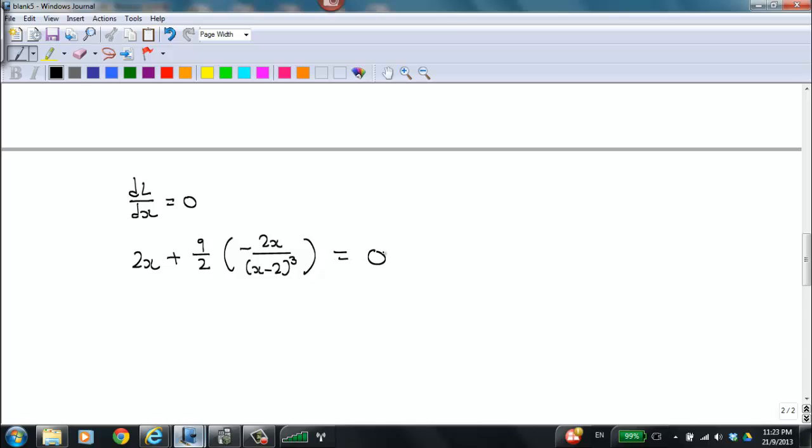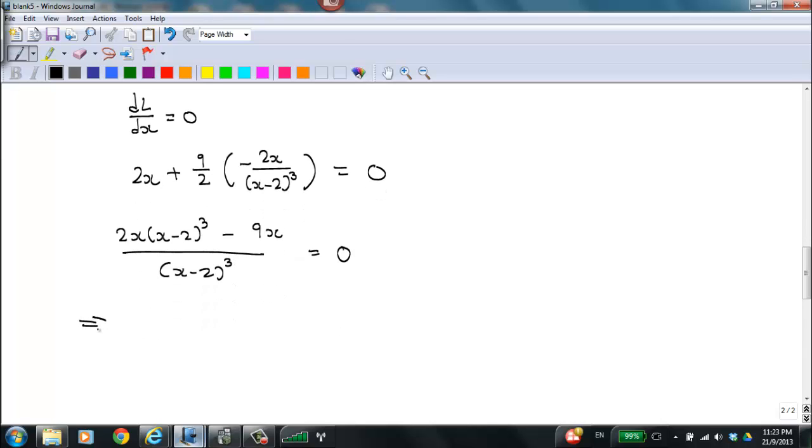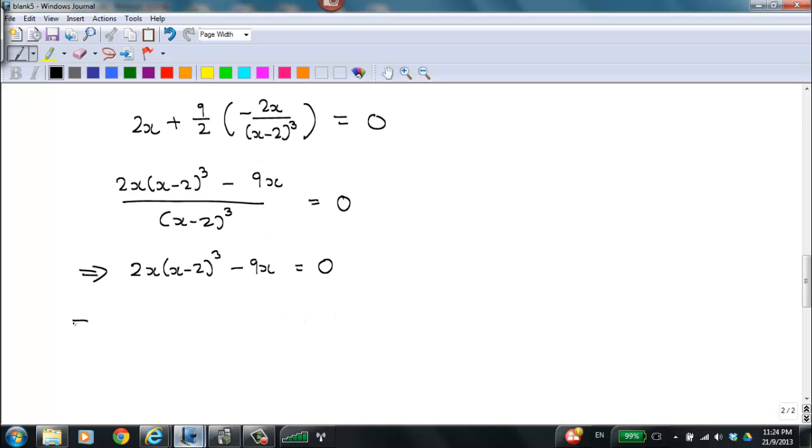Now, to solve this, I have to make this whole thing one big fraction. This will imply that 2x times (x minus 2) cubed minus 9x equals 0 is the equation I want to solve.